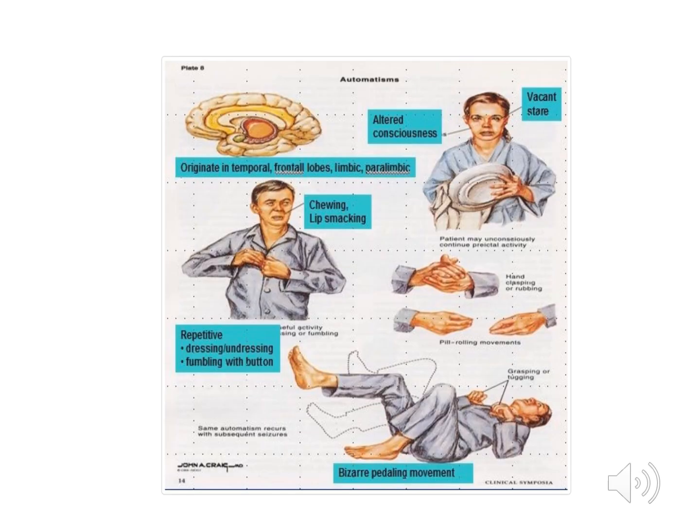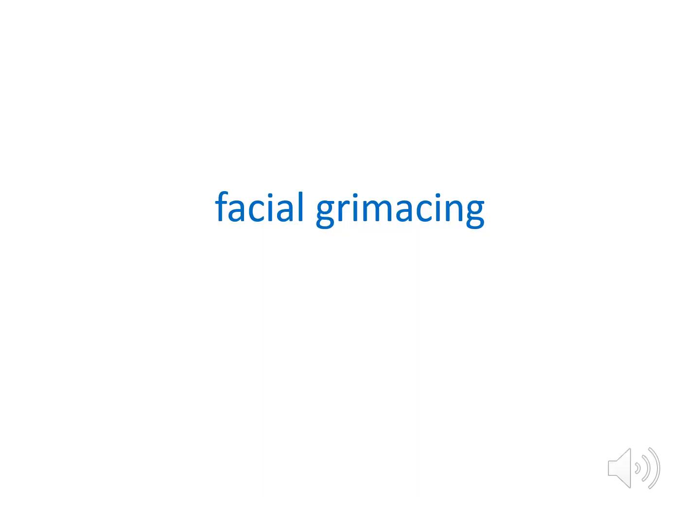For example, people might smack their lips over and over, or they might rub their clothes or fiddle with the buttons on their clothes or wring their hands. Those are the kinds of things that they really don't seem to even notice that they're doing. Automatisms could also include what we call facial grimacing, which is when people make these kind of strange faces, and again, they don't seem to realize they're doing it.